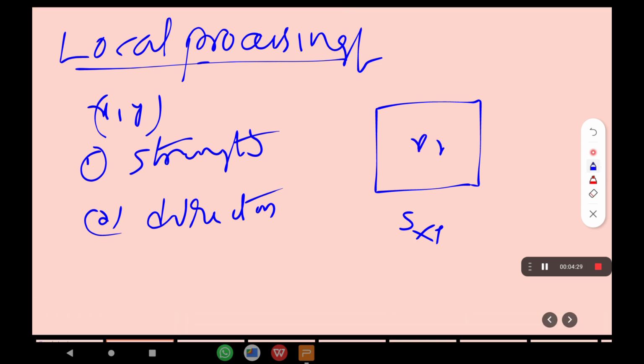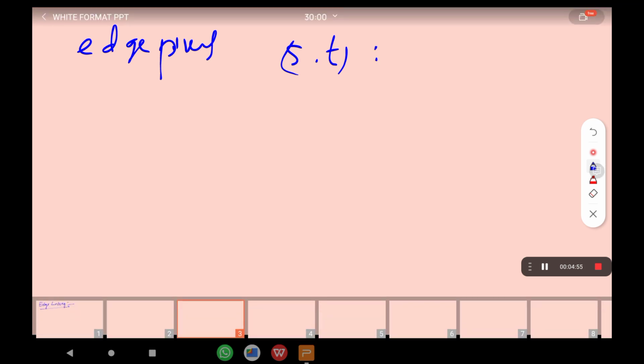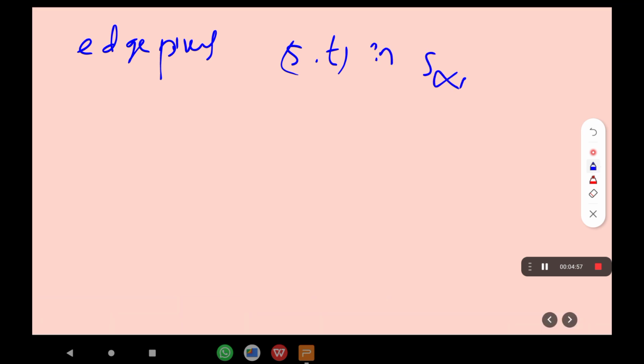This x comma y is the centroid of the corresponding small neighborhood. Suppose you are taking an edge pixel having coordinates s comma t in S of x comma y, in the same neighborhood S of x comma y.